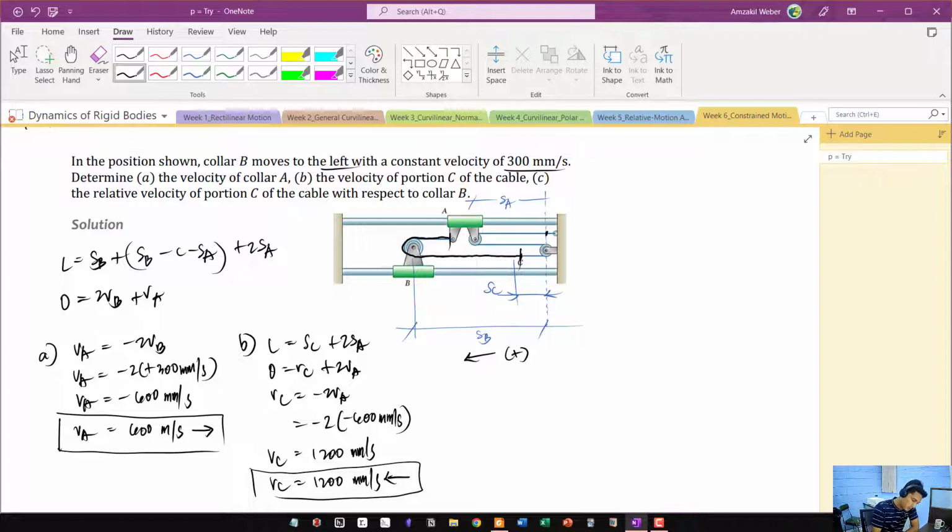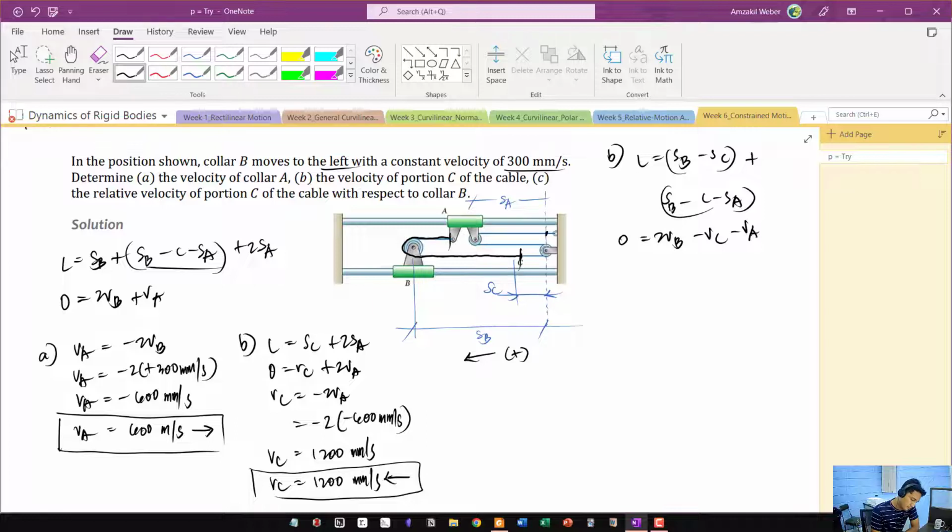For case 2, still letter B. That would mean the length is SB minus SC, and the other one is SB minus SA. So length is equal to 2SB minus SC minus SA, so the velocity equation is 2VB minus VC minus VA.